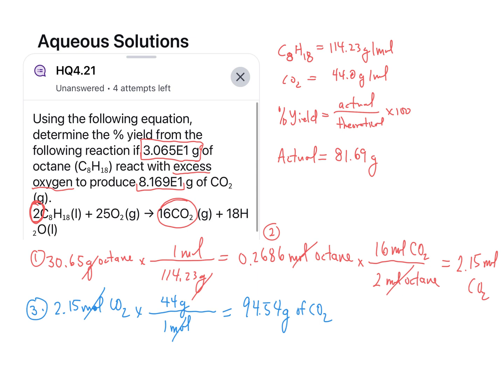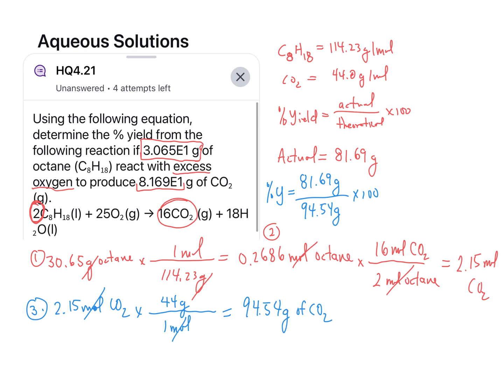When we actually went to lab and did the experiment, we got 81.69 grams. So now we can calculate our percent yield. Right, I actually got 81.69 grams out of this, and I was supposed to get 94.54 grams out of this.